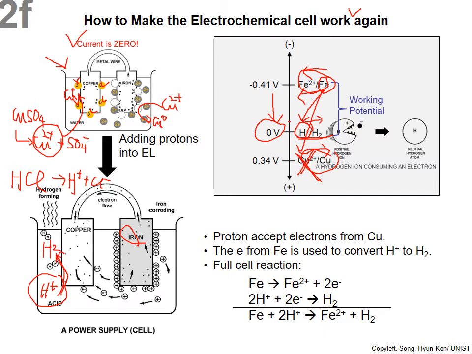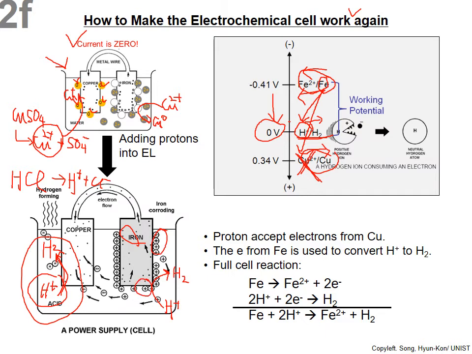One more thing. There would also be a direct electron transfer from iron to proton. So the proton is also here, and gets the electron from the iron bar directly for hydrogen evolution. However, I prefer the copper side for hydrogen evolution because on the surface of the iron bar there are a lot of Fe2+ ions.